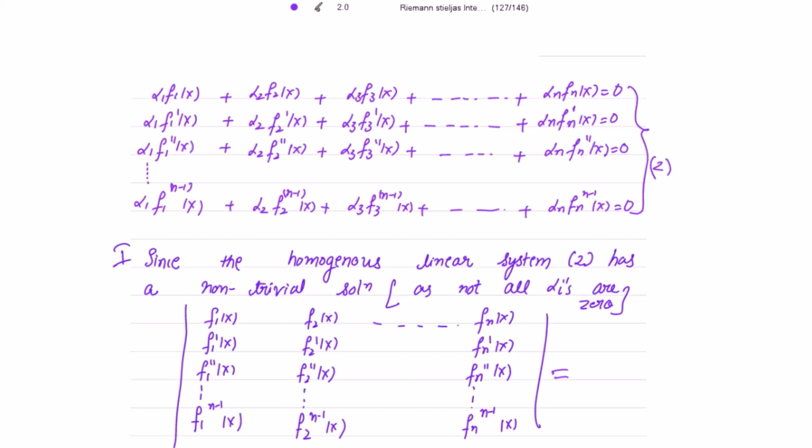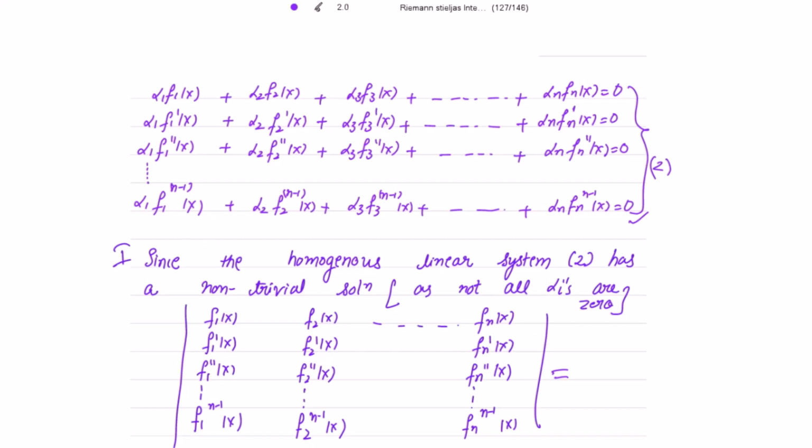Now, let's take the coefficient matrix for this system of equations and take the determinant of the coefficient matrix. So taking the determinant, it is written like this. For that, just take the coefficients of the scalars, right? So f1(x), f2(x), fn(x) for the first equation, then f1 dash x, f2 dash x up to fn dash x for the second equation.